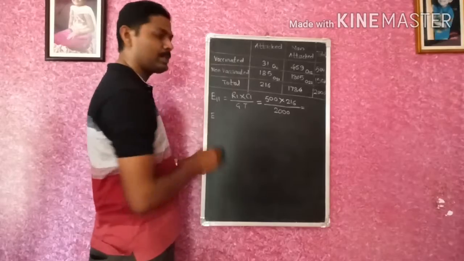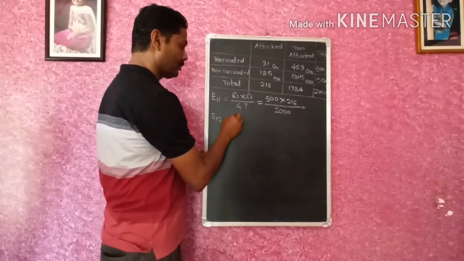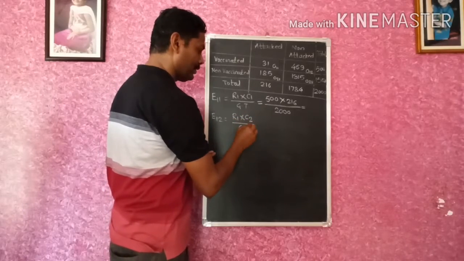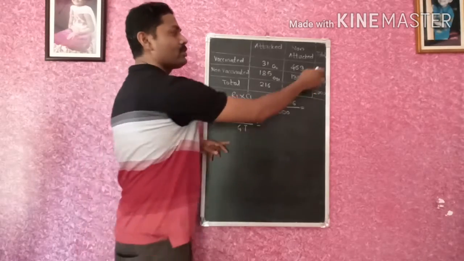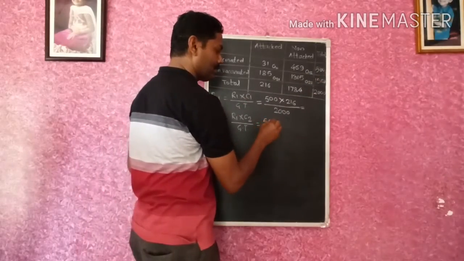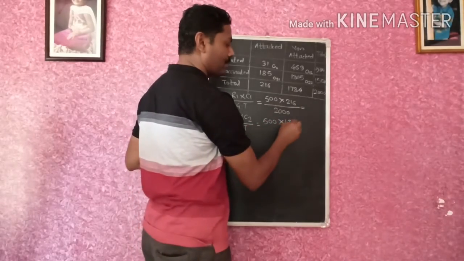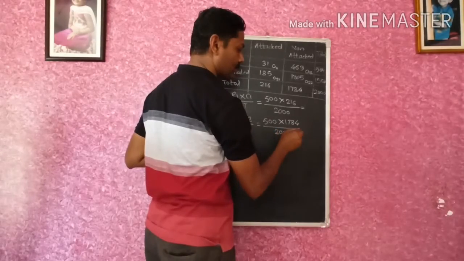The second expected frequency will be E12: R1 into C2 divided by grand total. R1, the first row total, is 500, the second column total is 1784, divided by 2000.